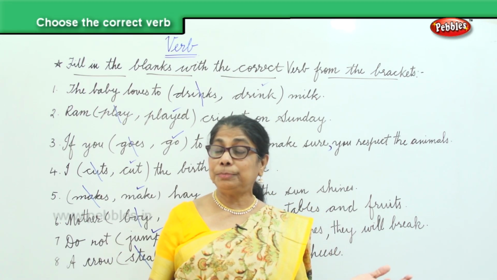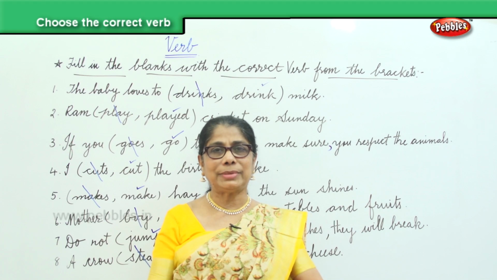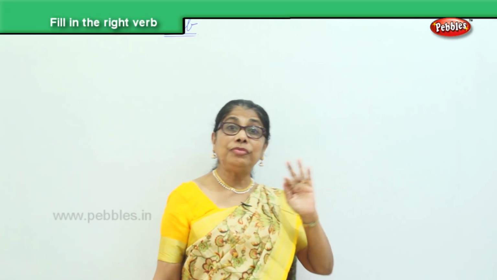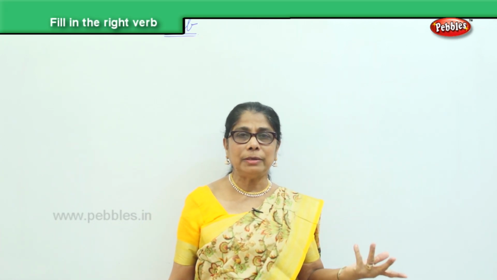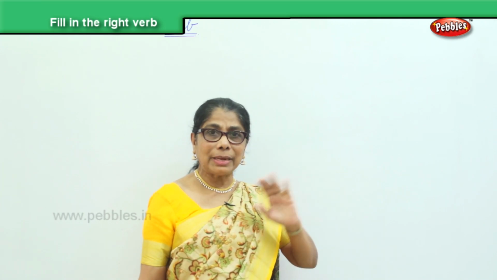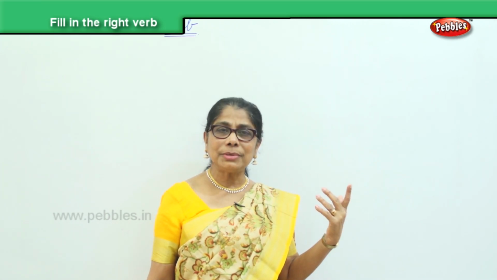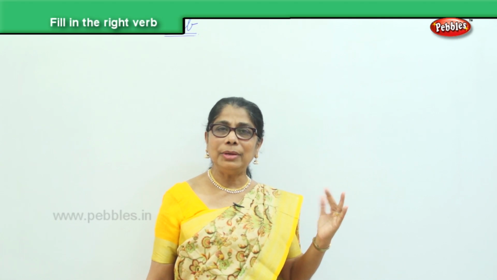We are given two verbs, we learn to choose that. Now, in this exercise, to complete the sentence, you have three different verbs to choose from. So we learn to choose. Again, read aloud to see whether it makes sense.